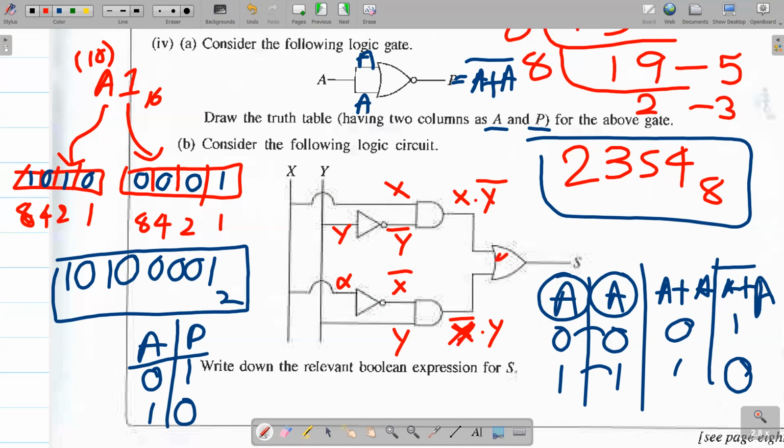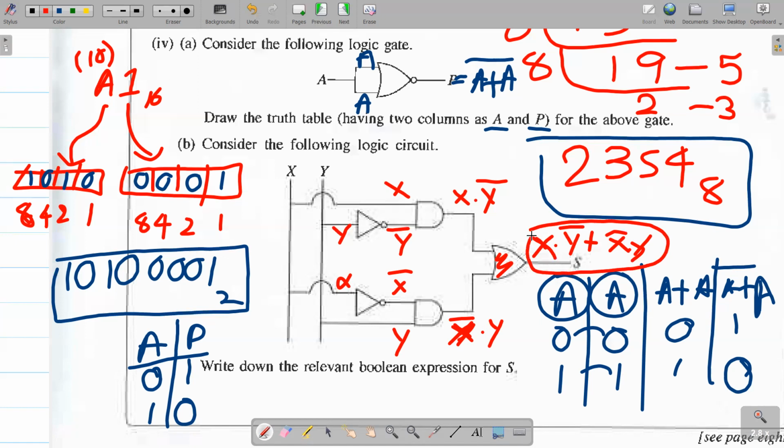And then you have to add them. So X dot Y bar plus X bar dot Y. Right, so this is going to be the final output.